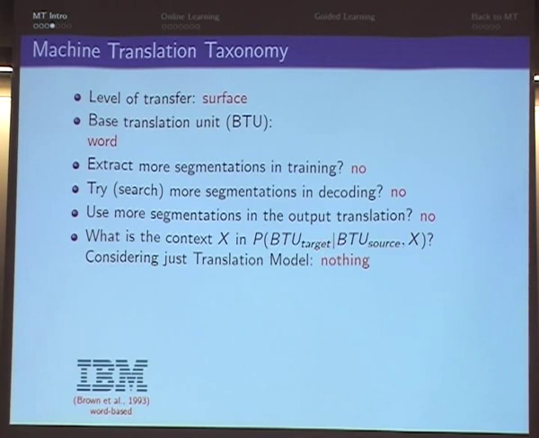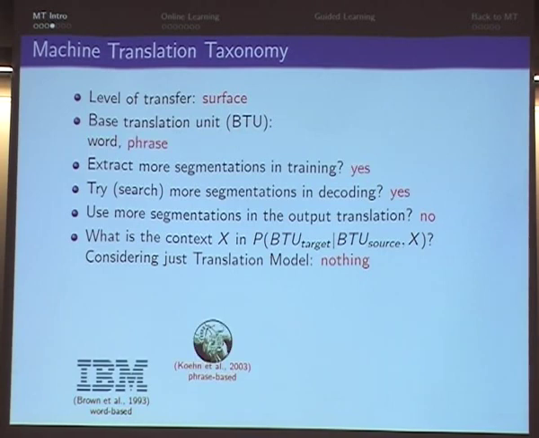Actually, you can also have the opposite probability, source given target. But what I want to point out is that no other context was used here except the language model, which was used in the decoding, and the reordering model. But the very translation model doesn't look at other parts of a sentence, or not even at previous sentences.